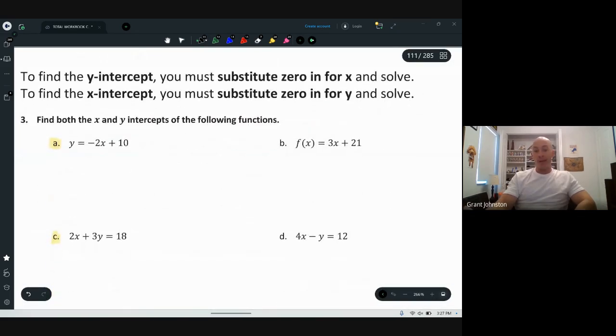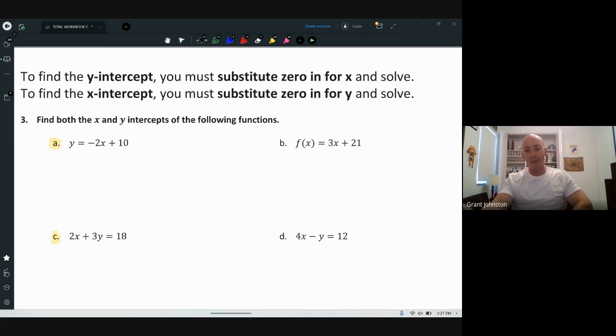So let's continue that idea when we have an equation. If we're trying to find the x and y-intercept with an equation, we can use that same logic. So 3 says to find both the x and y-intercepts of the following functions. So letter A, you can probably already identify the y-intercept because it's in y equals mx plus b, right? It's 10.